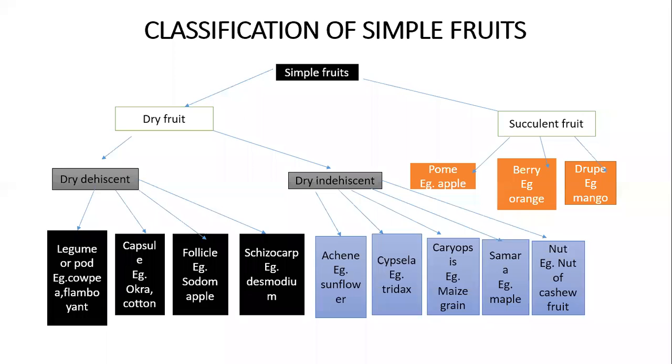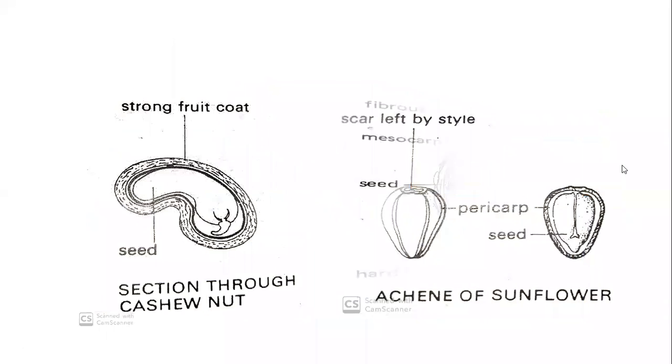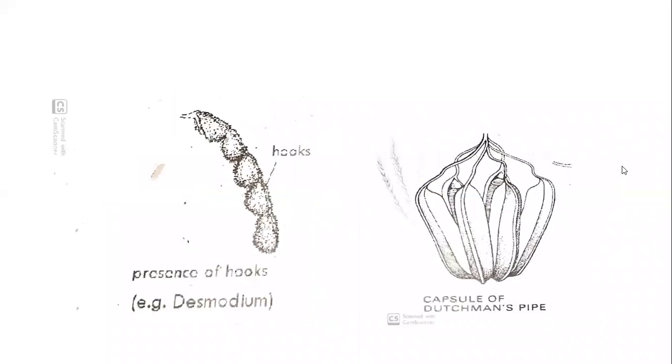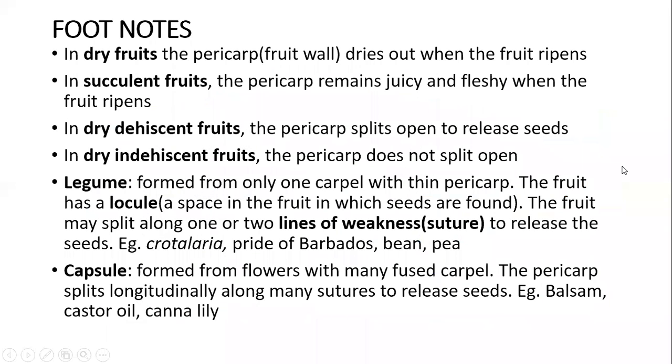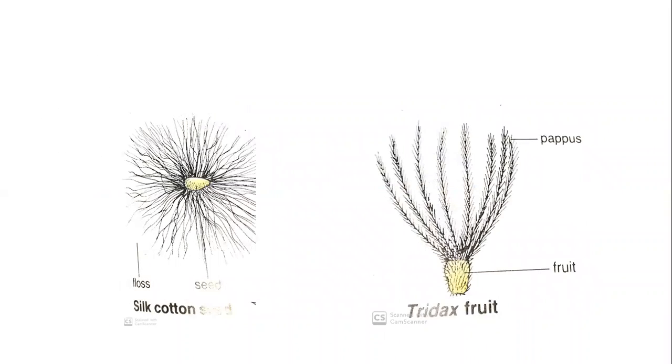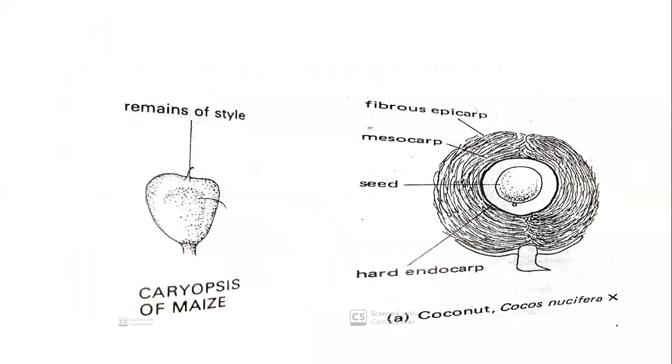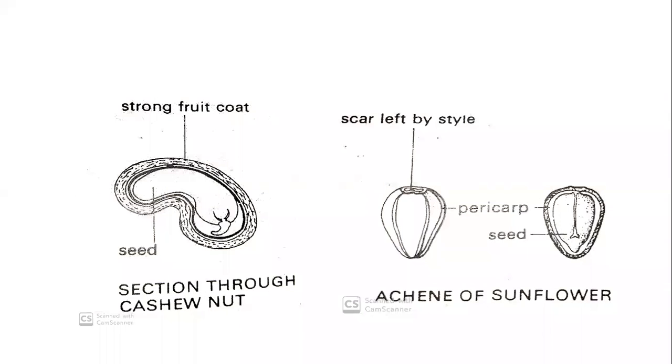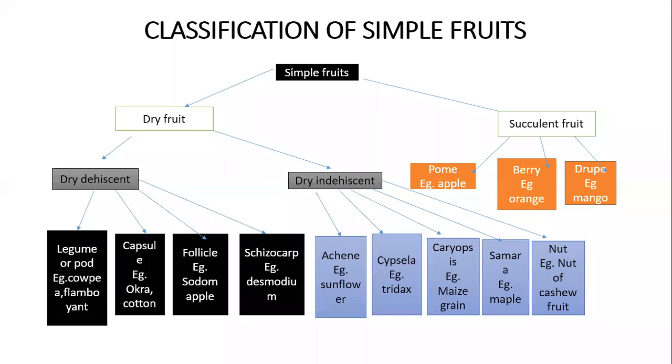Examples of this, you can have maple, tecoma, combretum. Let me see whether I have images of them for you. So they form kind of wing-like structures, like wings. I'll get to images before the class ends.